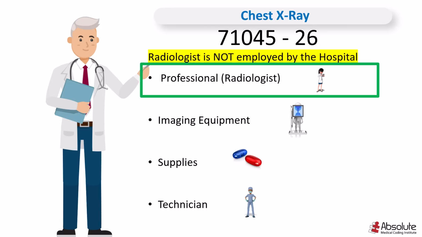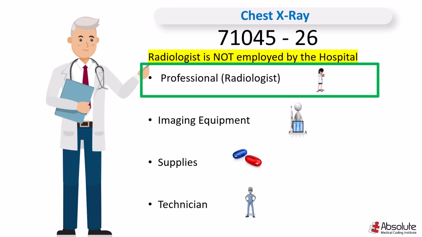She's only providing the professional part or the professional component of that code, so she's not entitled to the entire code. So when she appends that 26 modifier, she will get the reduced amount that she is entitled to. So hopefully that makes sense.